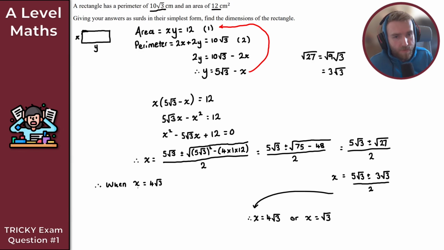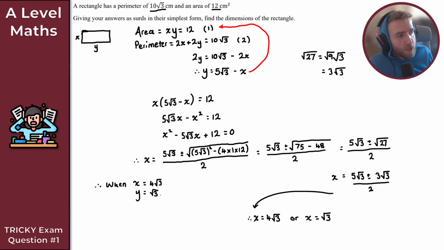So when x equals 4 root 3 here, then y is equal to, well, let's actually just use this rearranged form here, right? Y equals 5 root 3 minus x. So in that case, then what I get here is 5 root 3 minus 4 root 3, which is simply root 3. Okay, so when x equals 4 root 3, y is equal to root 3.